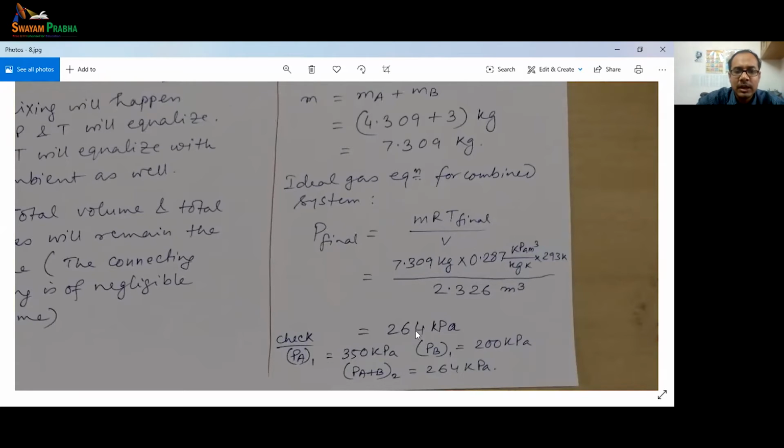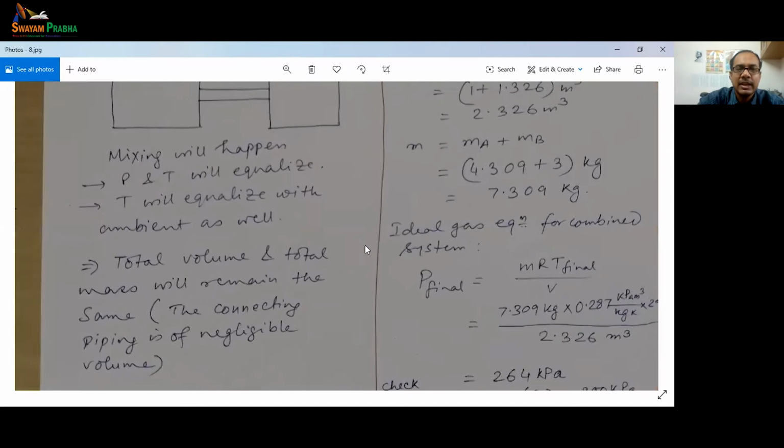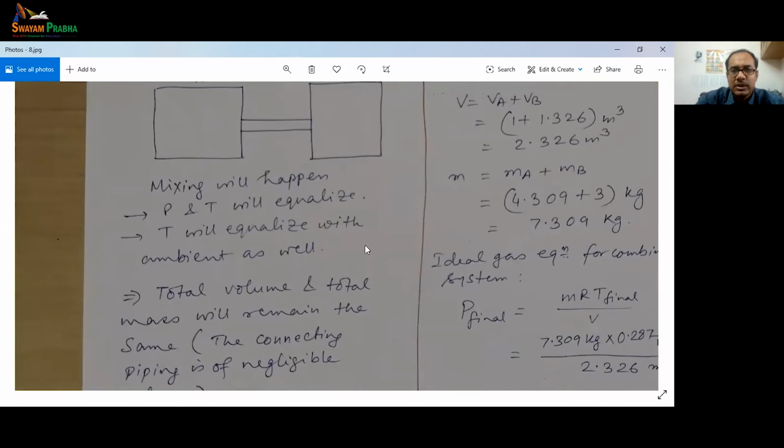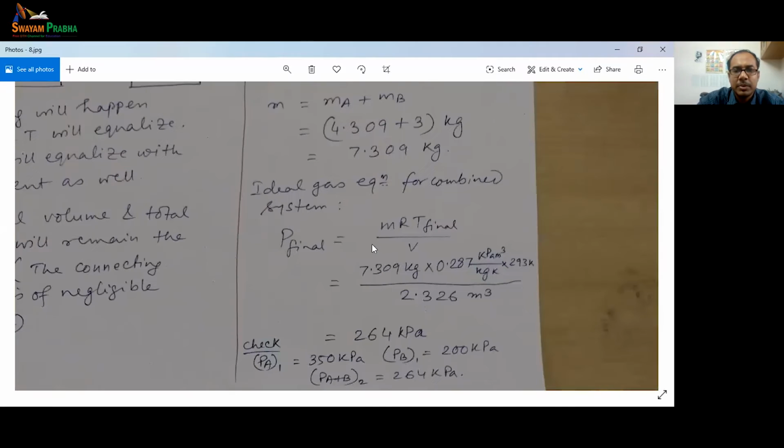So the combined system should be somewhere in between. What we obtained, P of A plus B at state 2, is 264 kPa, which is in between PA1 and PB1. So that makes sense, our number is physically meaningful. That you should check for anything. If you get an enormously high number, then you can be pretty sure that you have made some calculation mistake. You can go back and check where you made that mistake.